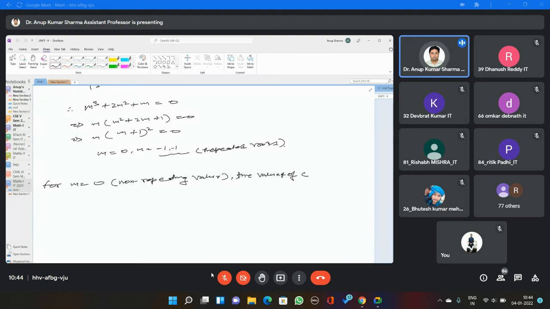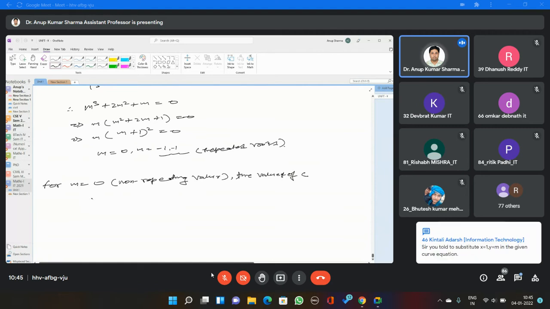So we are finding just m, that means the slope of the asymptotes. This is the non-repeating case.